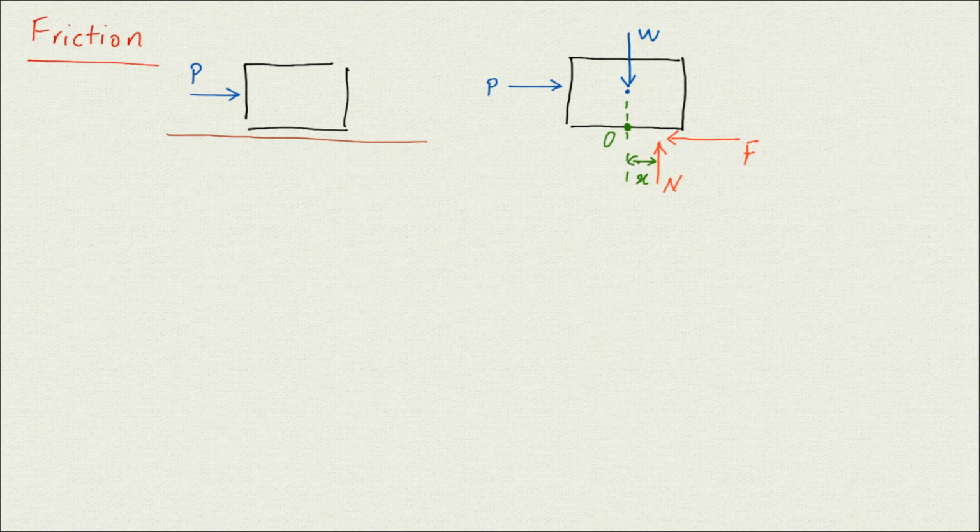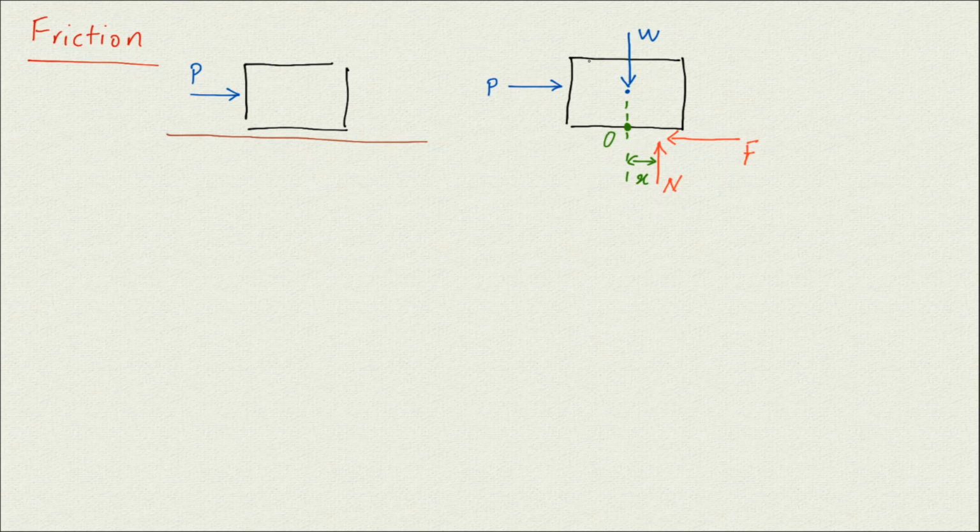So basically the N moves from O by a magnitude of X to the right or to the left, depending on the condition, to prevent that force P from tipping or rotating the box. So that's why there's a distance between N and O. The moment from N about point O would cancel the moment that P created about point O.